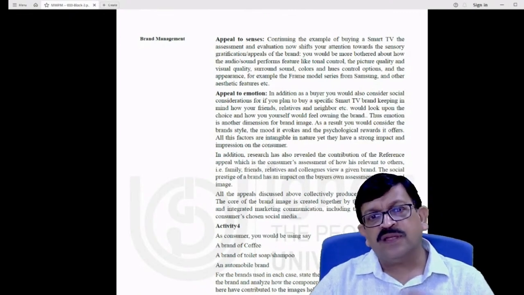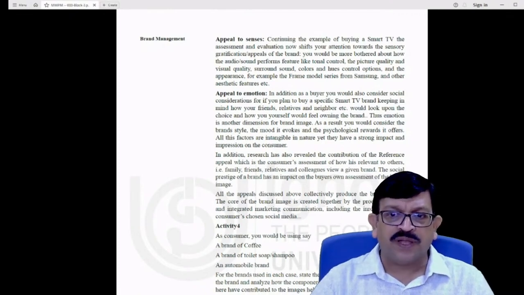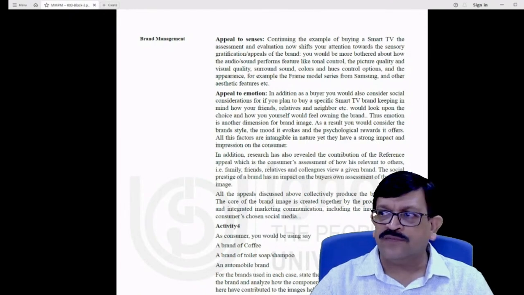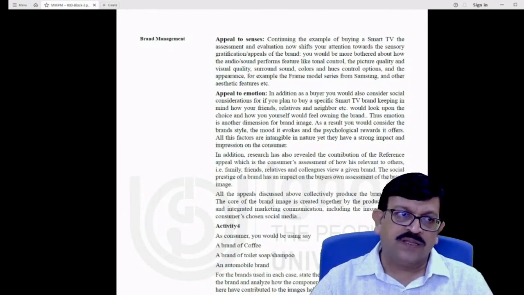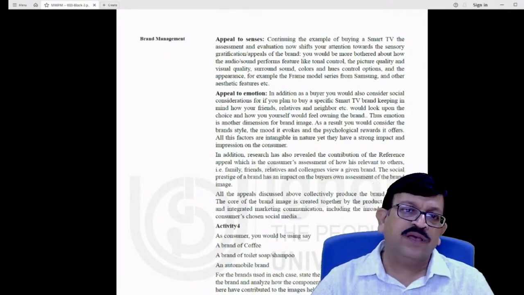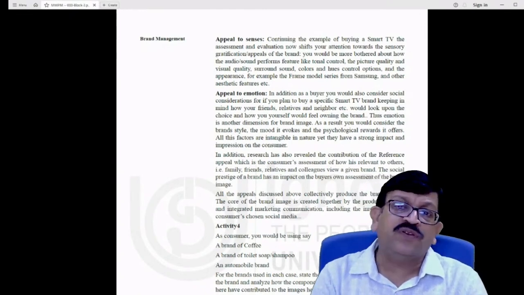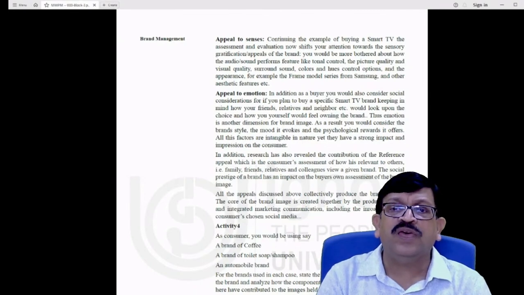appeals. There's another appeal where research has found something called a reference appeal, that we look for a lot of endorsement or conformance. We are appreciated in the society, we conform to the society standards. So our friends whom we normally refer to, which constitute primary or secondary references, we try to see how they look up to us.